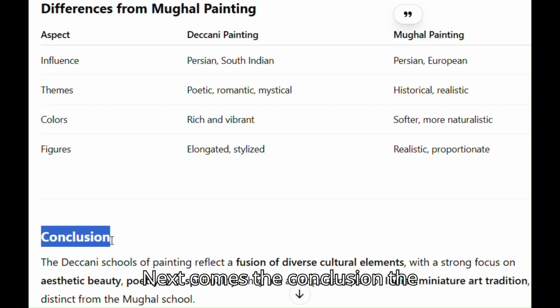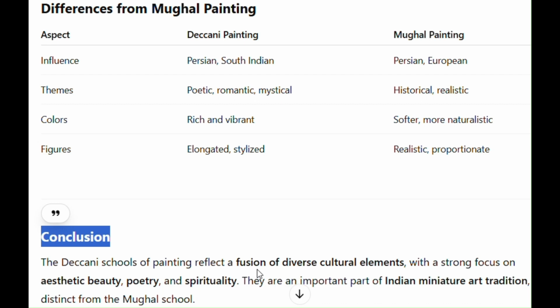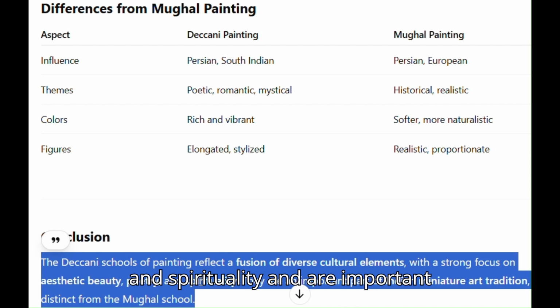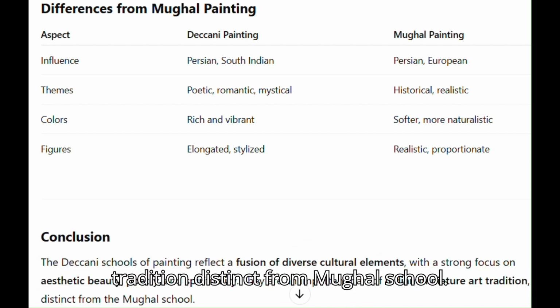Next comes the conclusion. The Deccani school of painting reflects a fusion of diverse cultural elements with a strong focus on aesthetic beauty, poetry, and spirituality, and is an important part of the Indian miniature art tradition, distinct from the Mughal school.